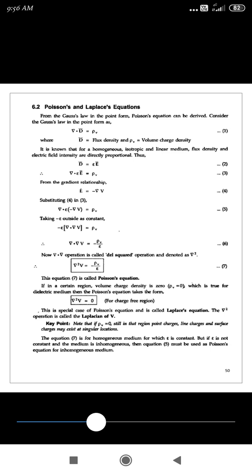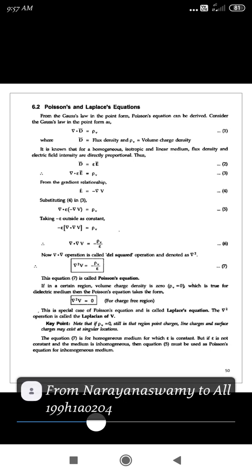Consider the Gauss law in the point form as the divergence of D bar, that is del dot D bar is equal to rho v, where D bar is the flux density and rho is the charge density.